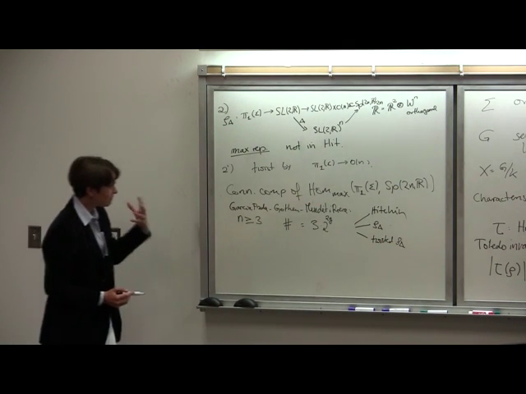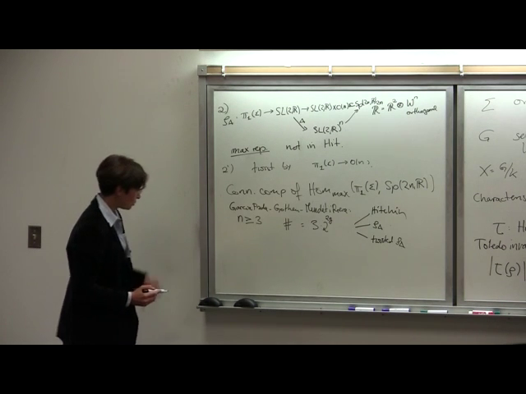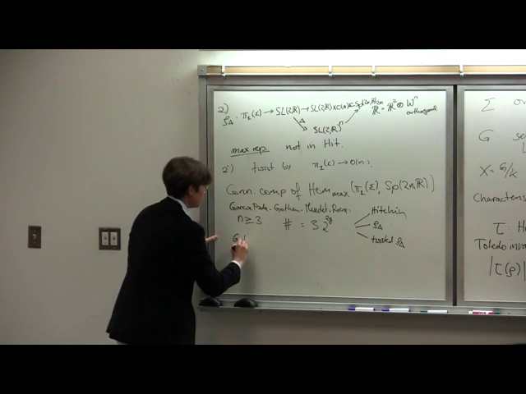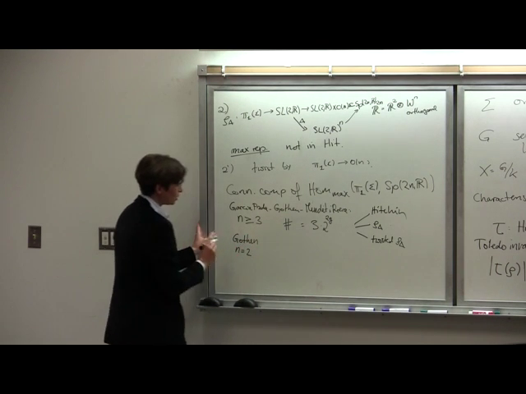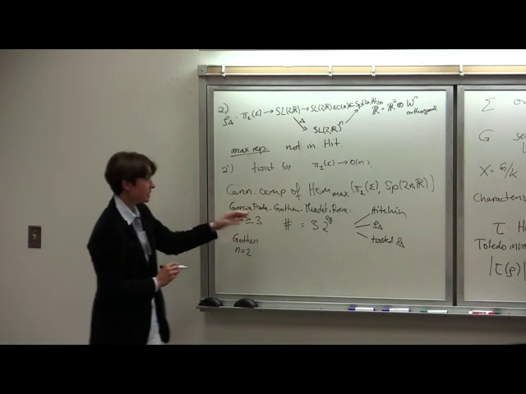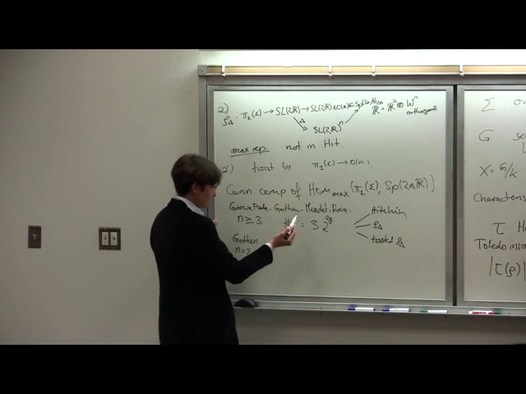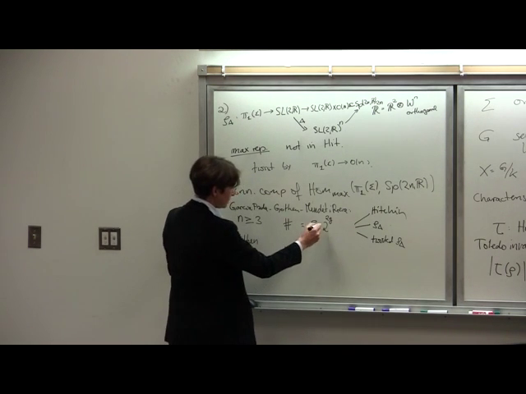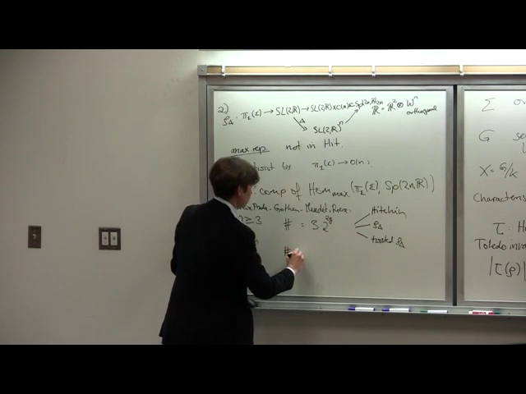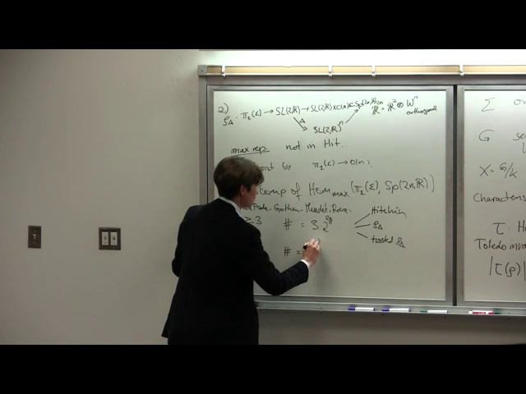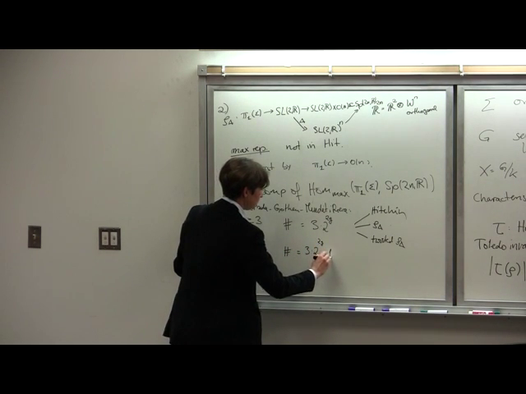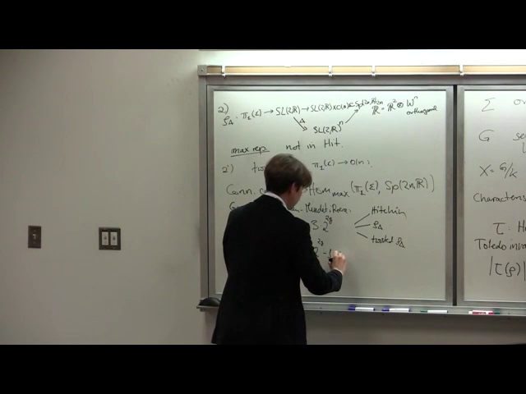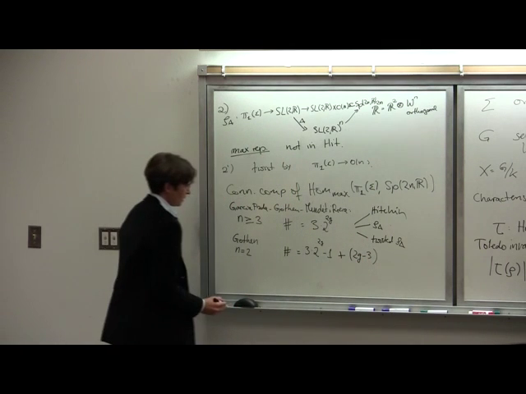So something very interesting happens when n is 2. This is, again, a result by Gothen using the theory of Higgs bundles. The number of connected components is not what you might first expect. There are more connected components than the ones we see here. There are 3 times 2 to the 2g plus 2g minus 3 connected components.